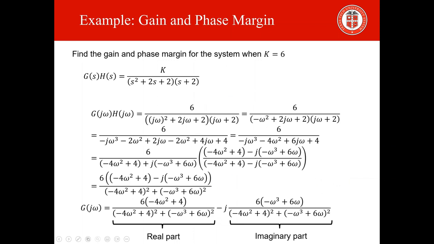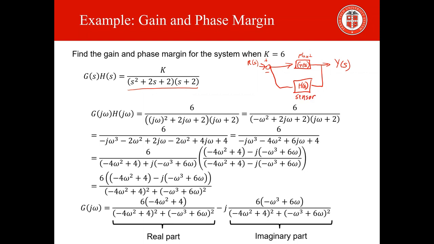Okay, so we have this example, so I'm not going to go through this. You can go through this on your own, but we start with this G of S times H of S. So again, this is what we're talking about here, this same block diagram we've been talking about the whole time, where you have your reference fed to some plant, and then you have your output, and this is some sensor.